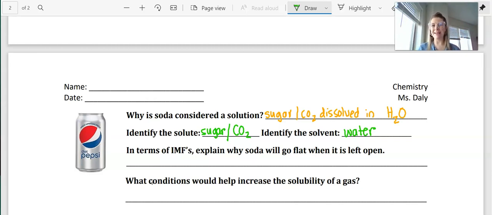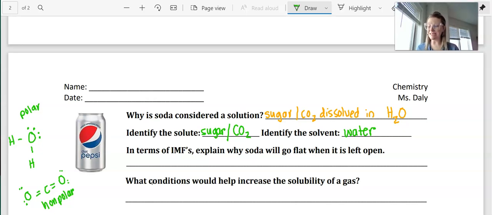Well, in order to answer that, we need to go back to that idea of molecular polarity. Our solvent, water, is polar, okay? And our solute of carbon dioxide is nonpolar.